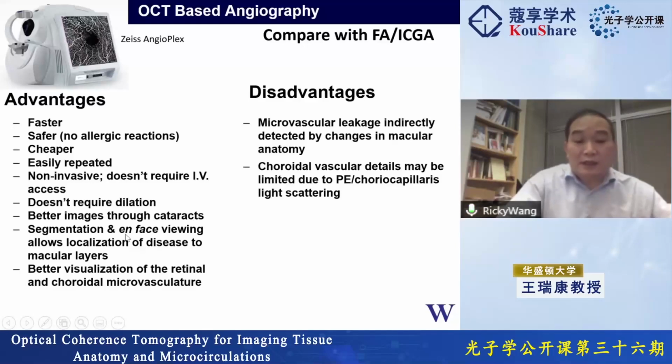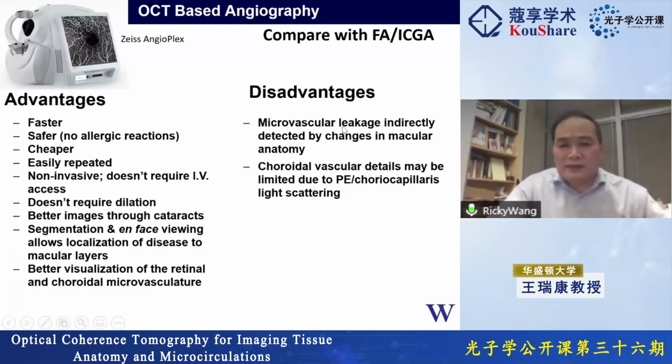And segmentation, image processing, and fast viewing allow the localization of the vasculatures, right? And also better visualization of the retinal and the choroid vessels. And the choroid, I won't discuss the choroid vasculatures because of time limitations in this talk.